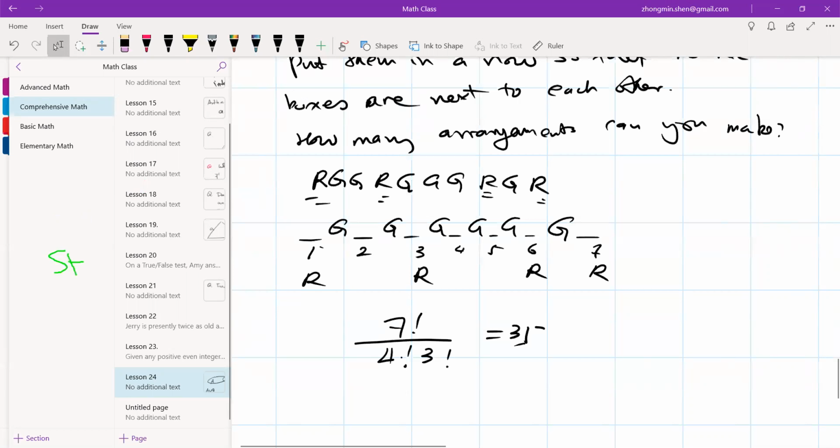In total you have 7. So you just need to pick 4 out of 7 places, and that's it. Then you get 35.